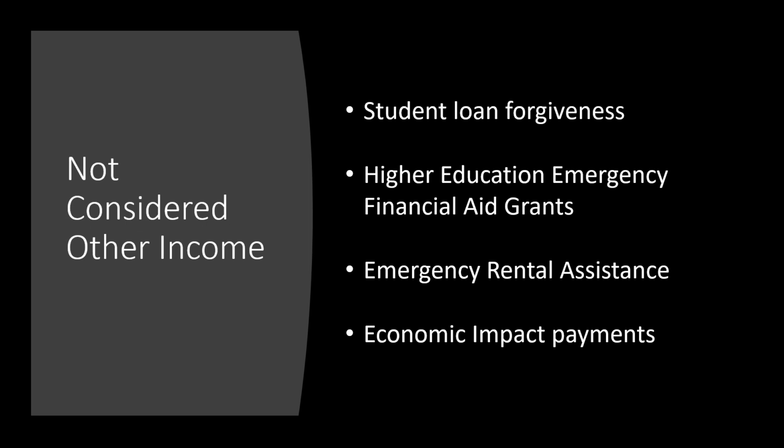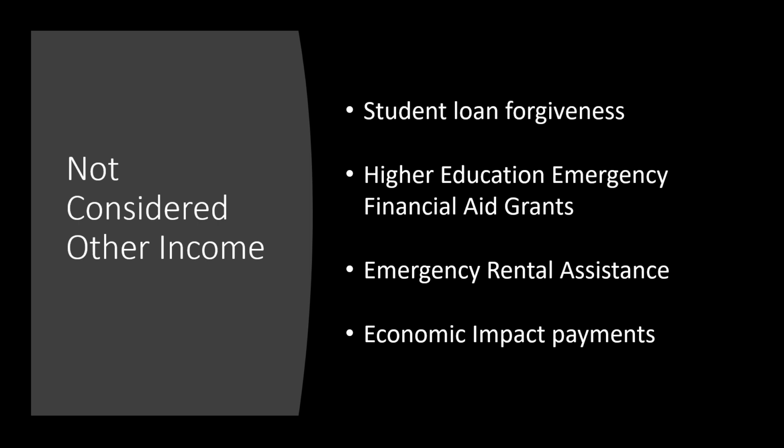And here are a few things that are not considered other income, but they might look like it at first. Student loan forgiveness, which we have already brushed on, is not considered other income. It's excludable. The higher education emergency financial aid grants, some students may have gotten an additional grant in response to COVID, and that is not considered other income.